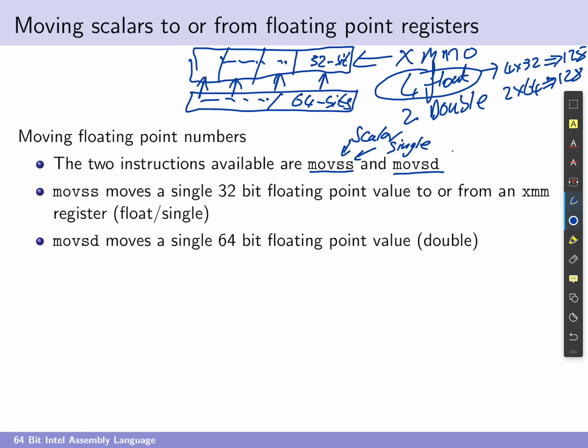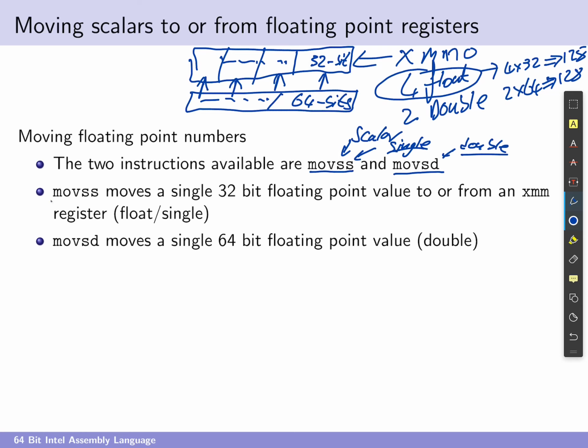Now, single is kind of an equivalent term for a float. So single means 32 bits, and it means the same thing as simply being a float. If instead of having an S there, we have a D, this simply means double for double floating point precision. So this was single precision, and this was double precision.